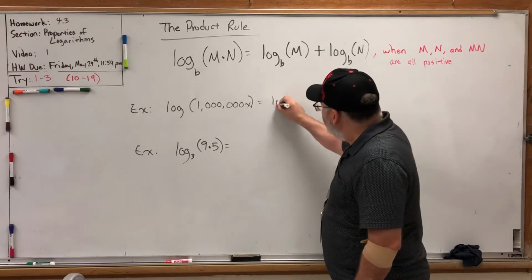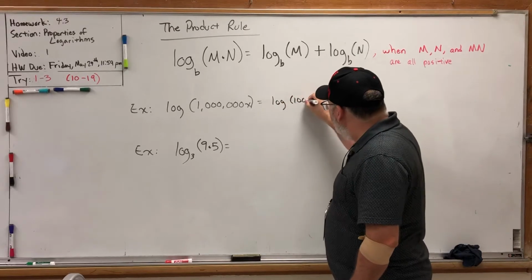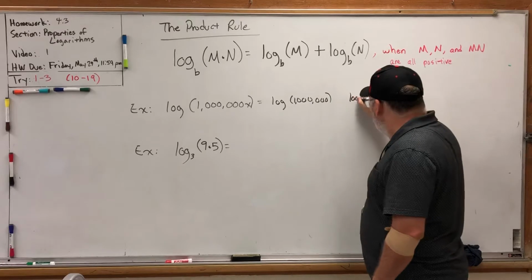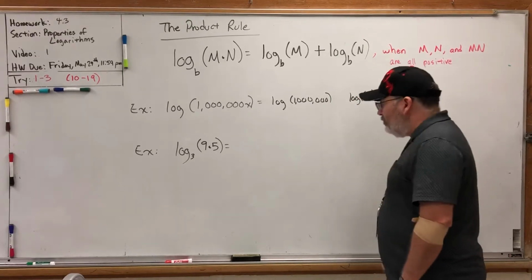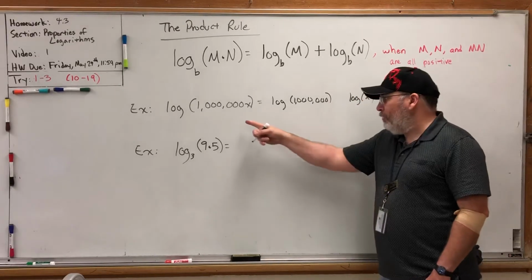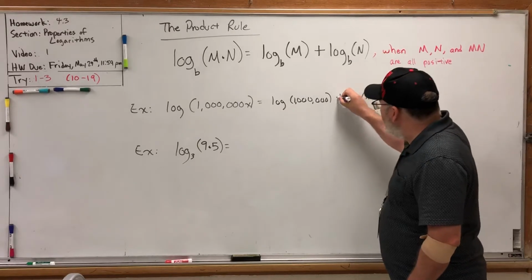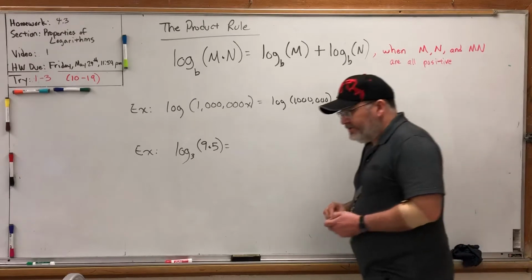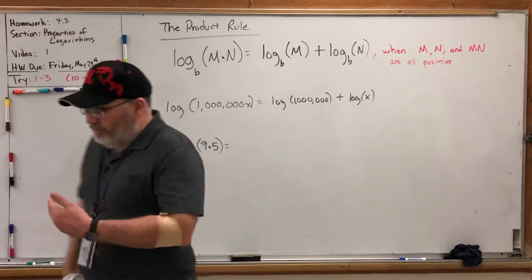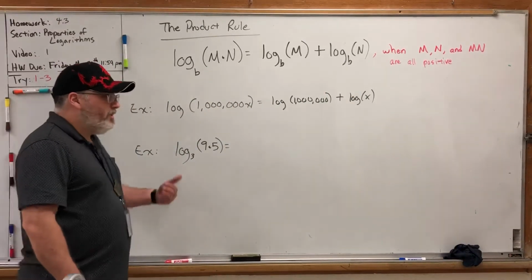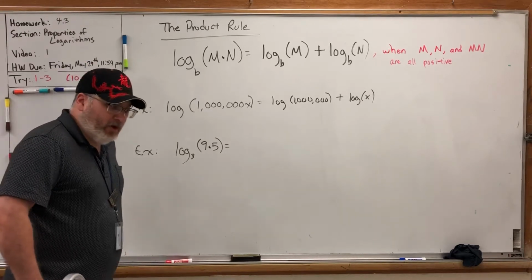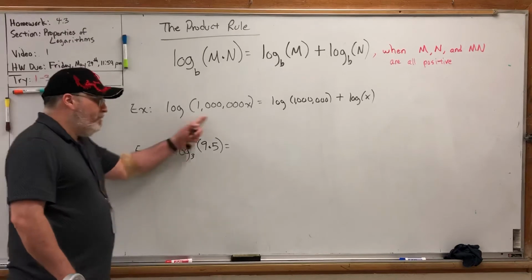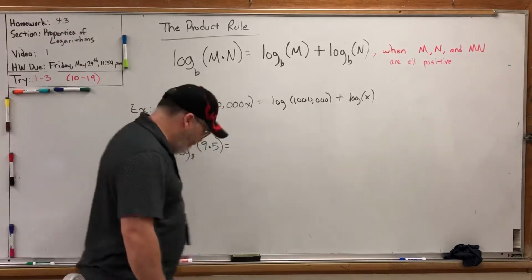So the 1 million would get its own log, the x would get its own log, and the product rule says that the log of a product equals the sum of logarithms. If you really wanted a whole sentence, it would be the log of a product equals the sum of the logs of the product's factors. So each factor gets its own log and you take the sum.